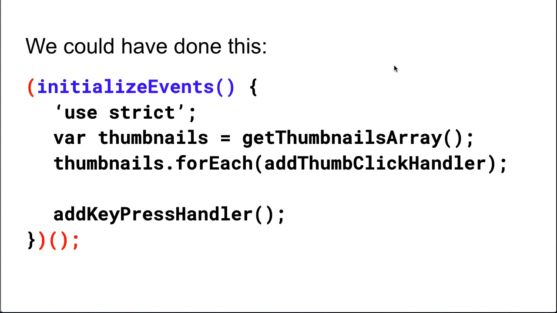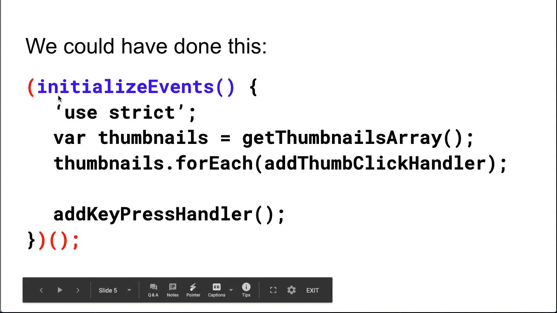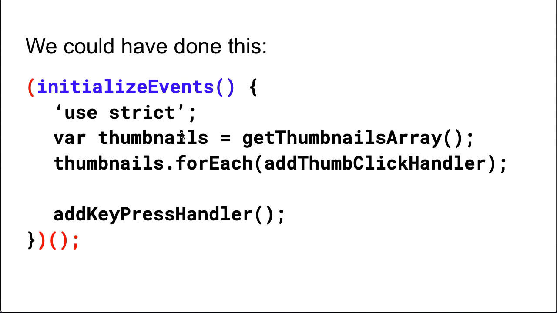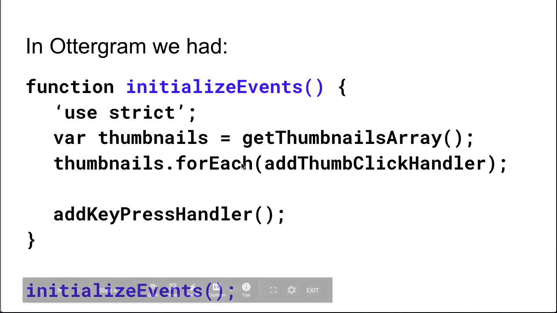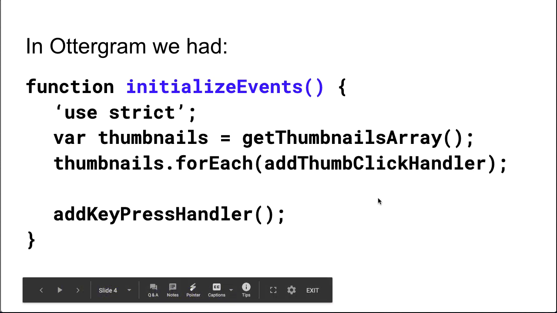We could have done this, right? We could have just put parentheses around it, and it would have called it at the same time as defining it. So if we put this at the bottom of our code, we wouldn't need that initialize events call at the bottom, which keeps getting hidden by this Google Slides thing.